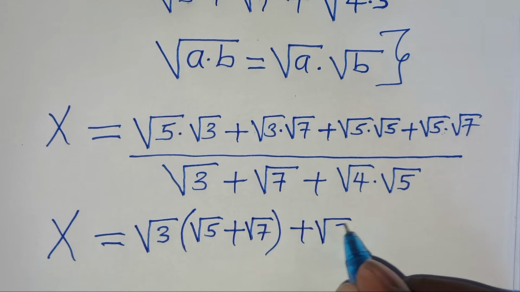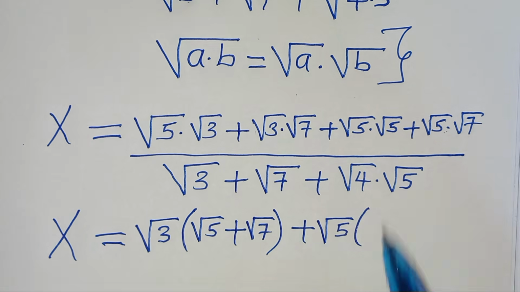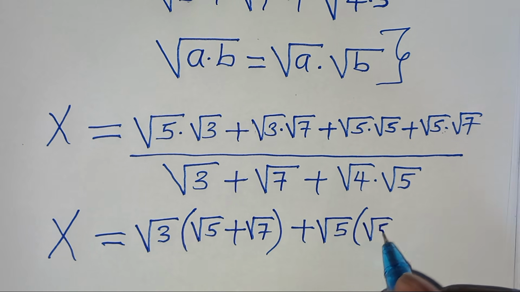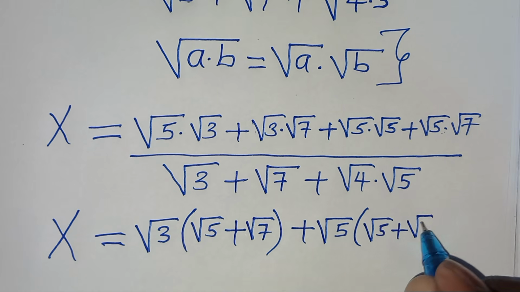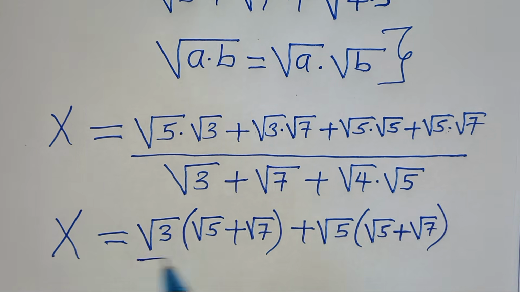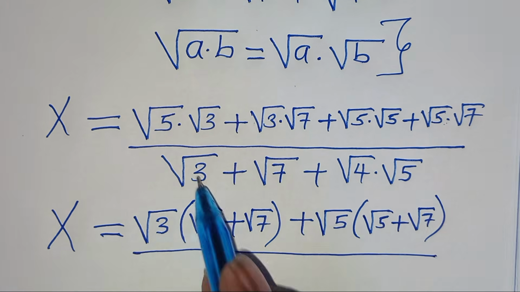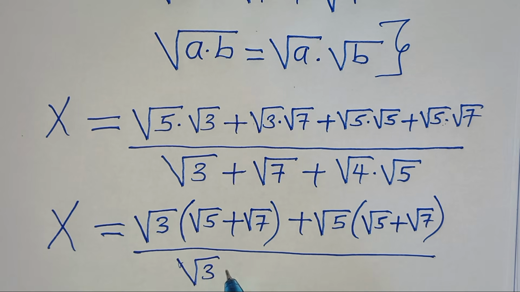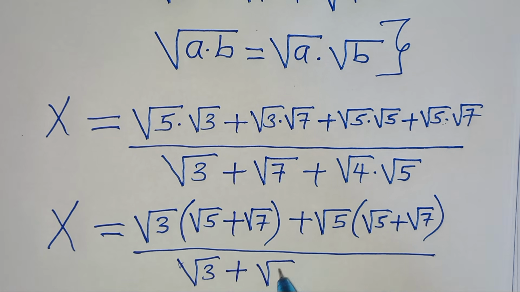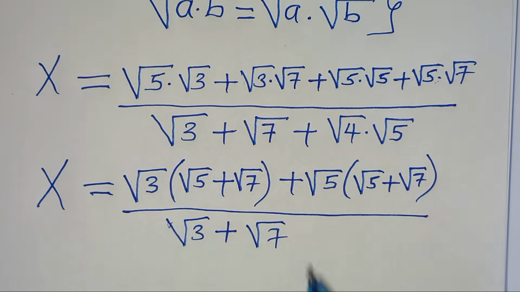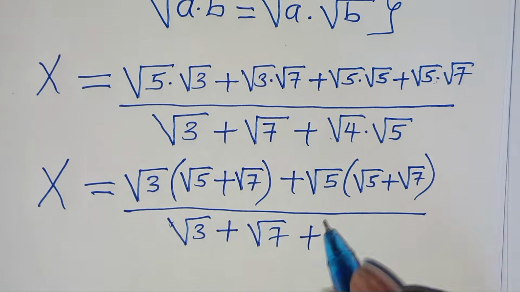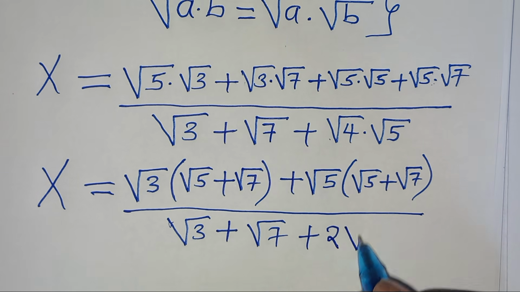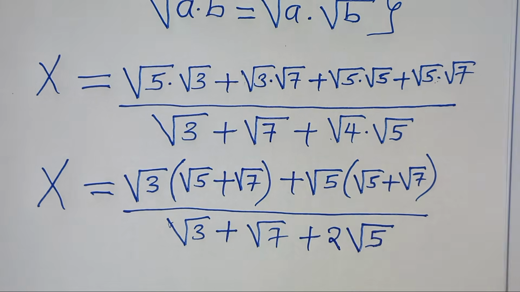Let's factor out the square root of 5, so that here we have the square root of 5 plus the square root of 7. Everything here is divided by the square root of 3 plus the square root of 7, plus the square root of 4, this is 2, multiplied by the square root of 5.